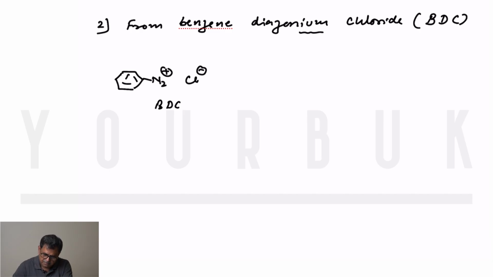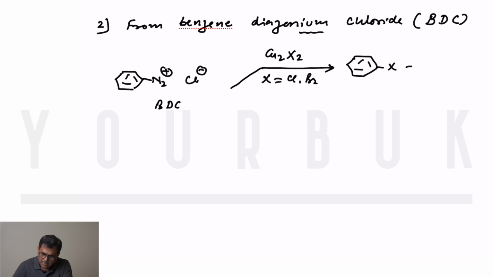For example, if you want to prepare chloro and bromo, we react the benzene diazonium chloride with Cu2X2, where X can be chlorine and bromine, and it forms halobenzene, bromo or chloro, and liberates colorless, odorless nitrogen gas. Now, this method of preparation of chloro and bromobenzene from the BDC using copper halides is called a Sandmeyer reaction.